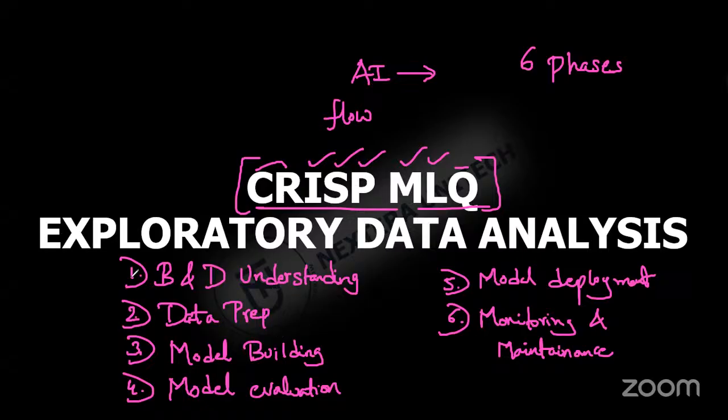Let us understand each phase one by one. What exactly is business and data understanding? We understand the client's business, what exactly the client does. Apart from understanding the business, we'll understand the problem.